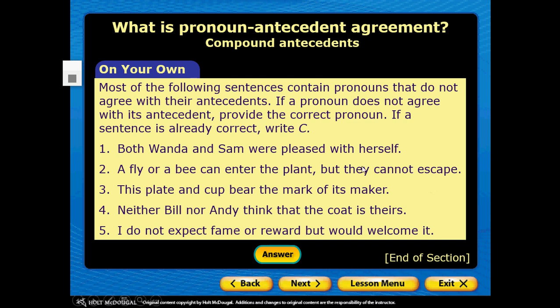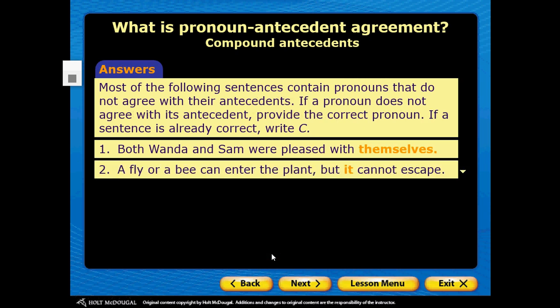Now they would be talking about a plural, wouldn't it? And I think we're talking about singular because we have a fly or a bee. A fly or bee can enter the plant, but... I would say it. But let's have a check.